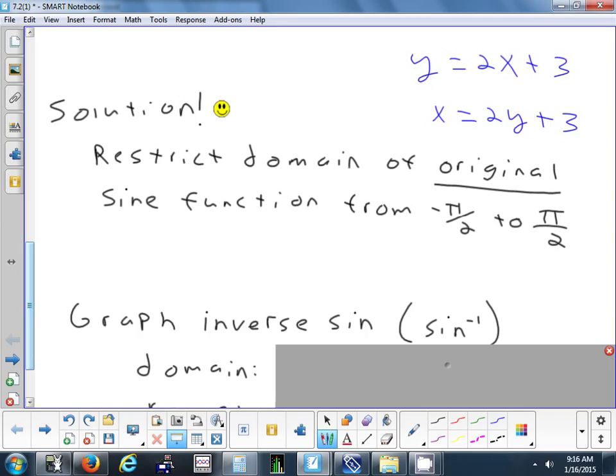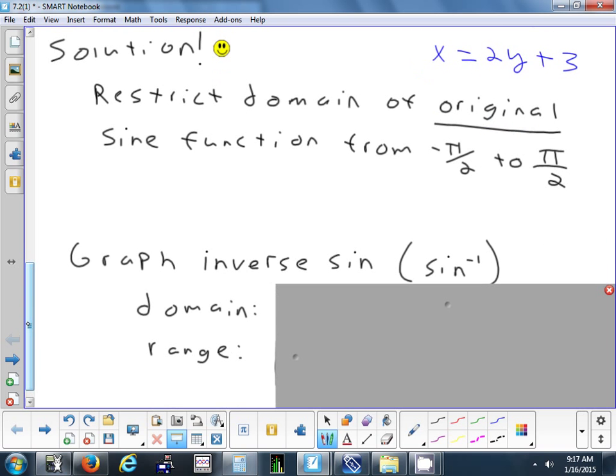So how do you think that's going to relate to domain and range? Okay. What do you think the domain of the original function, regular sine, is going to become in the inverse? It's going to be something. Which one of the two do you think it'll be?